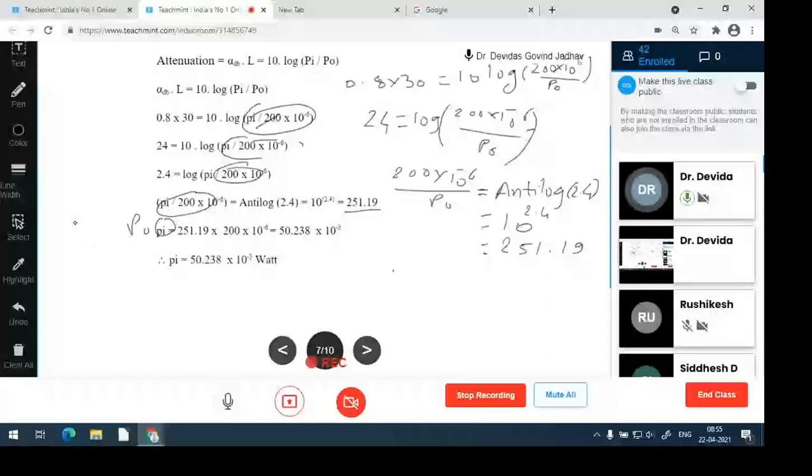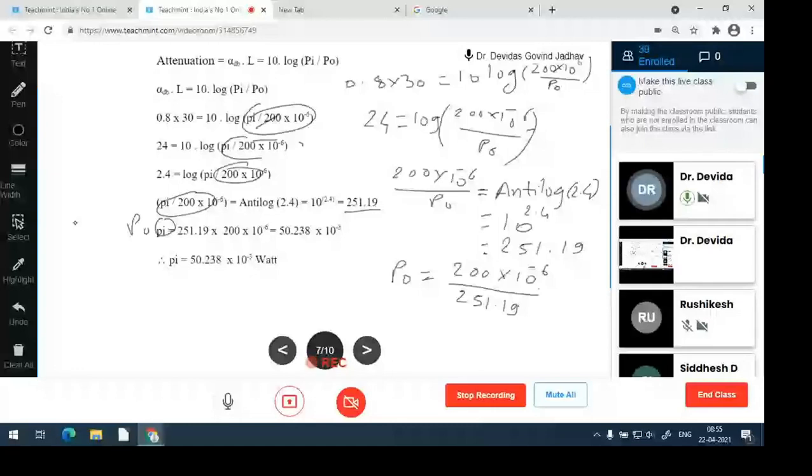So q is equal to 200 times 10 raised to minus 6 divided by 251.19. 200 divided by 251.19 turns out as 0.796 into 10 raised to minus 6.